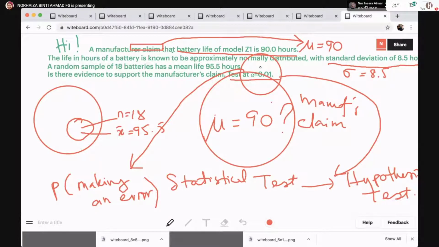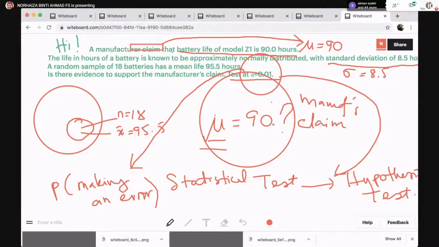This is the whole idea of hypothesis testing: you want to test this parameter value. The parameter depends on the question and can be mu, sigma, or pi. You would like to test whether this parameter has a certain characteristic, in this case equal to 90.